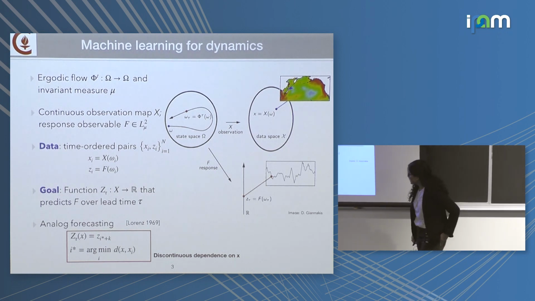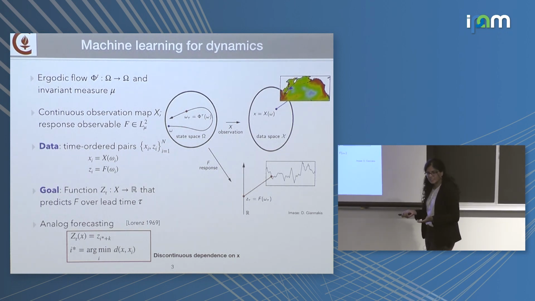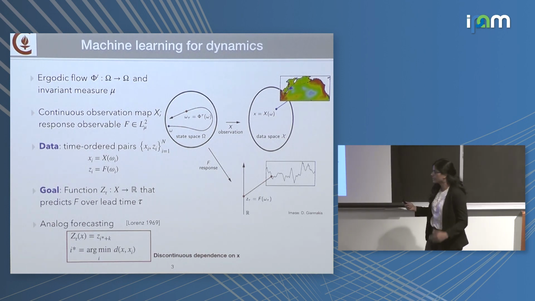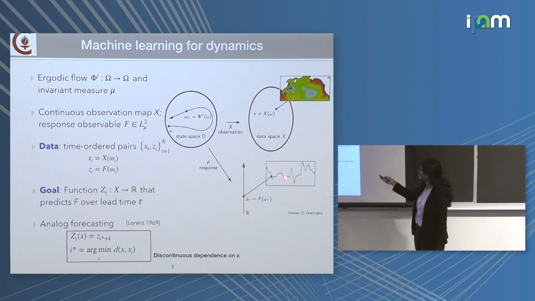And clearly, one of the drawbacks of this is that it depends discontinuously on the xi. And we assume that we have a continuous observation map X, so we would like a continuous predictor that's physical in this sense.